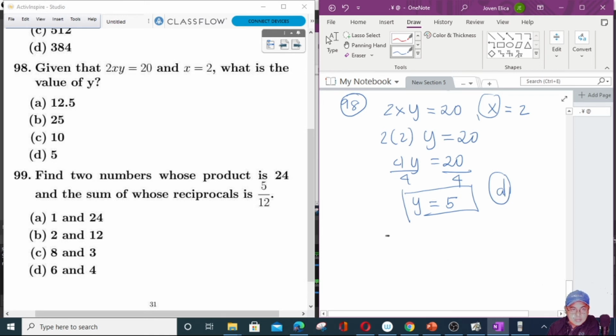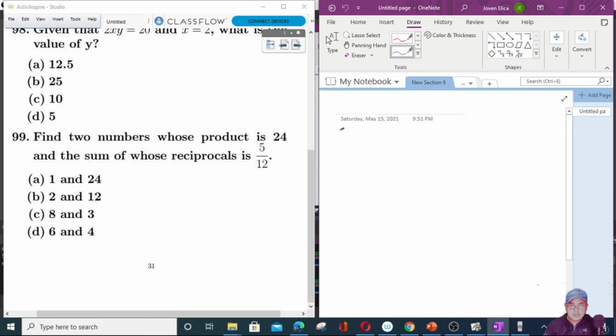Okay, so number 99. The question is: find the two numbers whose product is 24 and the sum of whose reciprocals is 5/12. So this is just simple algebra. Two numbers, so let x be the first number and y the second number.